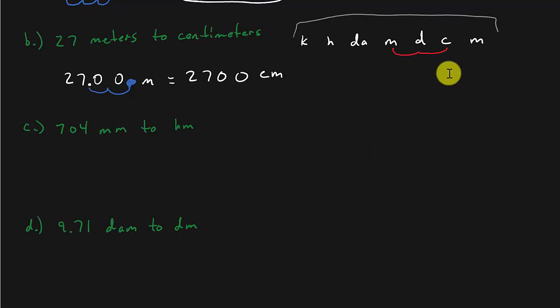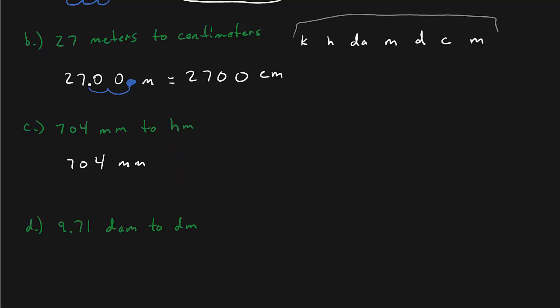All right, let's look at the next one. Pause the video and see if you can do it. So I've got 704 millimeters, and I want to go to hectometers. This may not look like it, but this is an H. Let me write that again so you can read it.